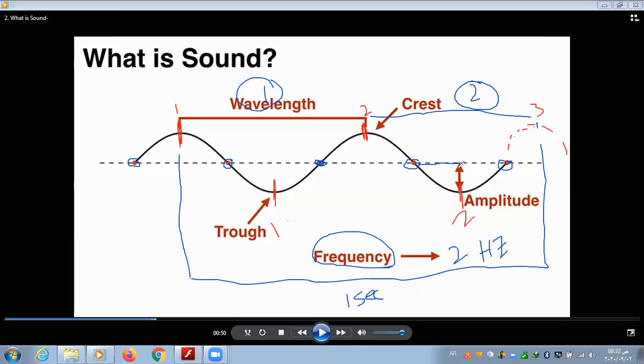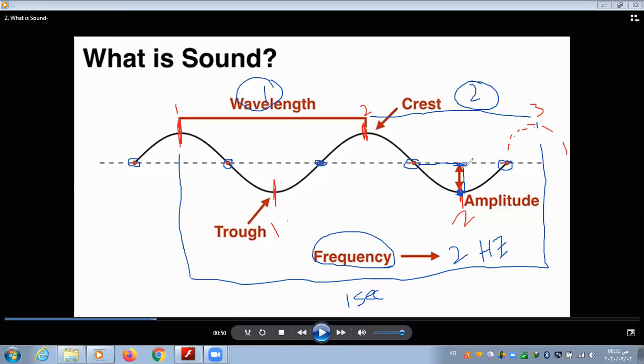If we make a line from this rest point to the maximum point that the wave reaches, we call it amplitude. Amplitude is the maximum distance from the rest point that the particles can reach.